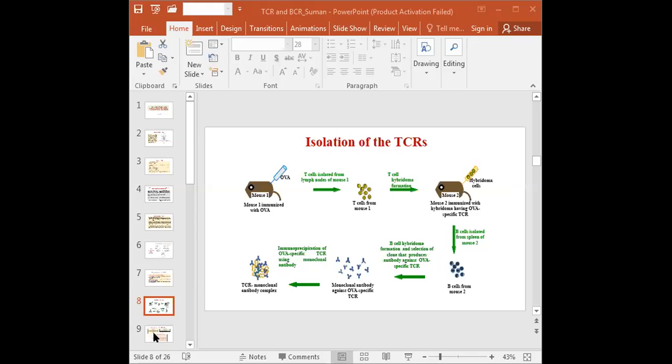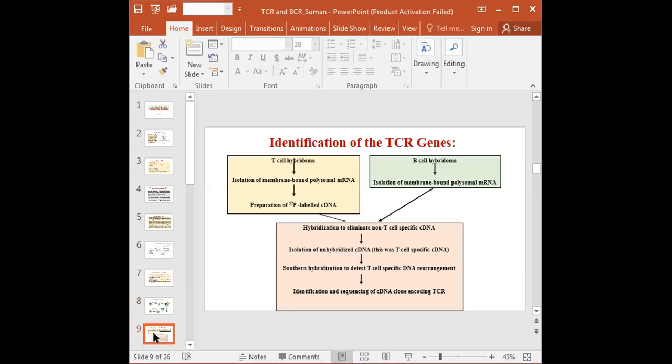Now I'm coming to the identification of the TCR gene. In the 1980s, a few researchers published their research data, and these landmark discoveries revolutionized the field of immunology.